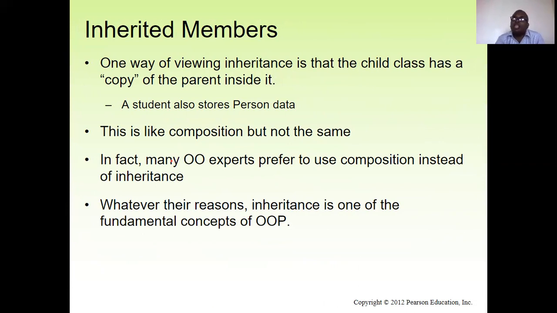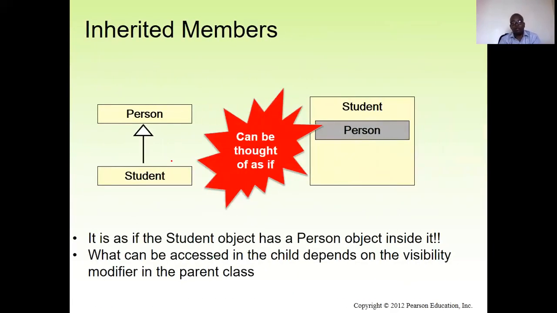And some people actually suggest using composition in some cases instead of inheritance. For whatever reason, we know that inheritance is a fundamental principal concept. So in a sense, what I'm saying is that the inheritance relationship between person and student is almost like saying student has a person inside. Okay? It's almost like saying that.